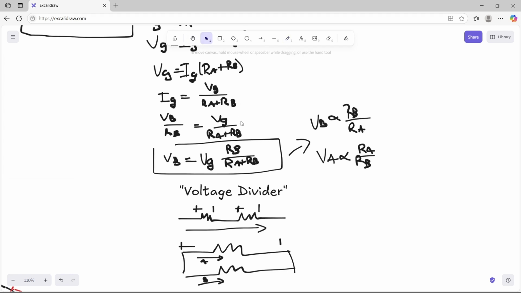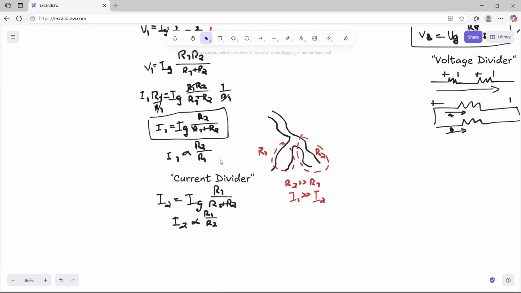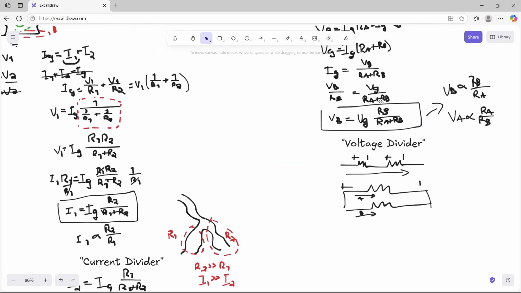So that is a voltage divider. And we've already discussed a current divider. These are two of the most fundamental uses of resistors in analog circuit design and much larger circuits. And frankly, understanding these two concepts will push you forward pretty far in your general circuit analysis.